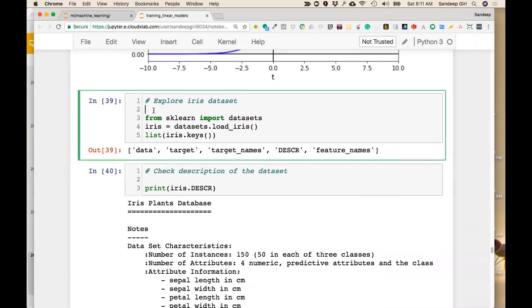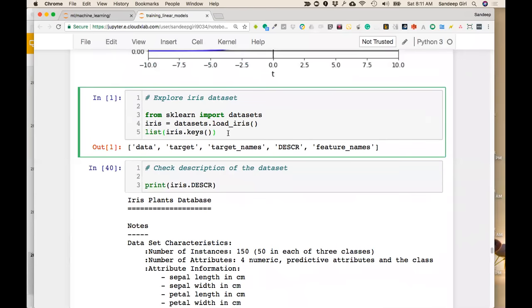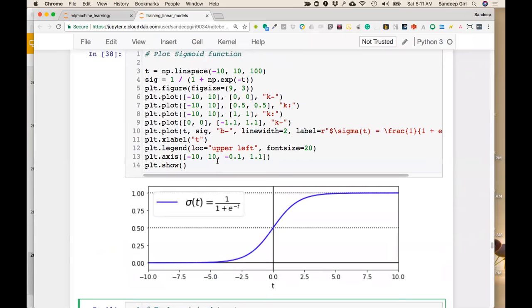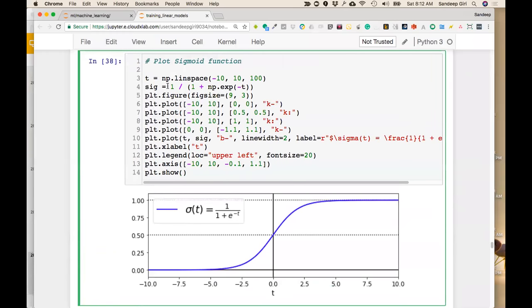So let's explore the data set. And in case you want to take a look at how to plot this graph and how to compute this, you could just use this, our sigmoid function. It's pretty straightforward, right? So np.exp and so on. All right, so this is how you could plot it.